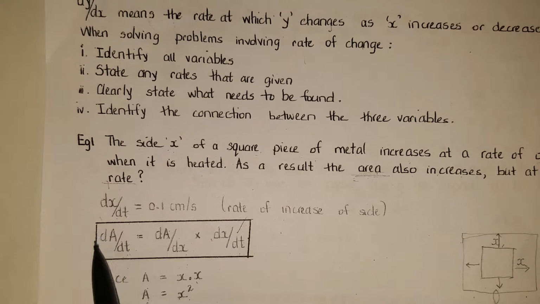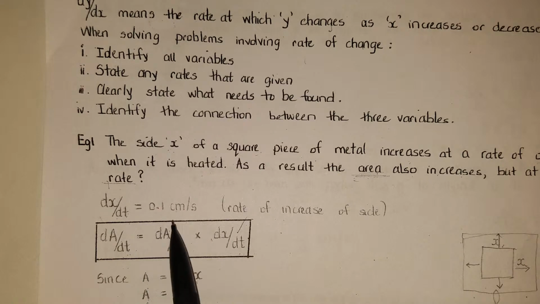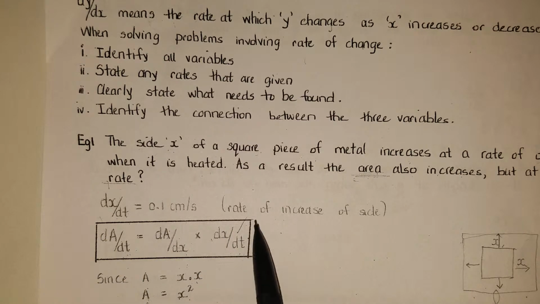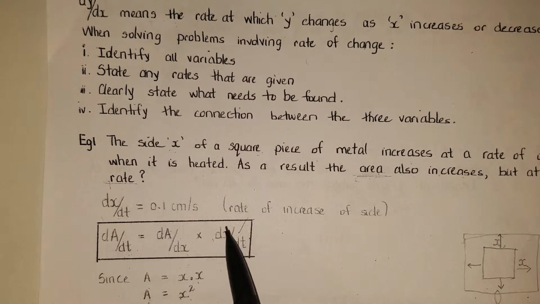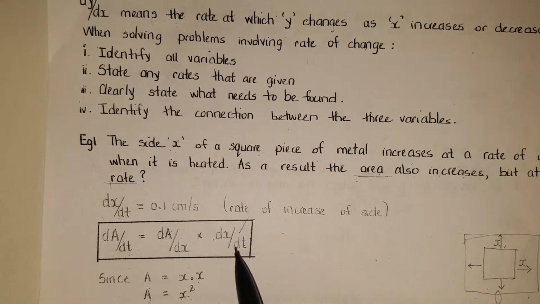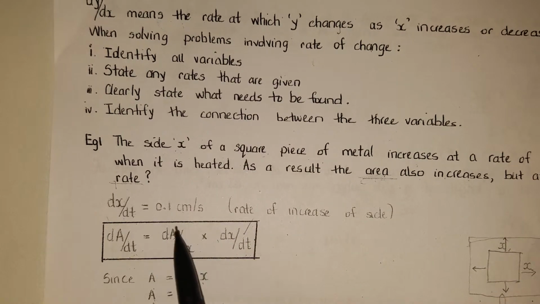So here we have a formula that will help us to determine that dA/dt, which is dA/dx times dx/dt, and this is from the chain rule. Now, we already have dx/dt from the question, so we need to find this dA/dx.